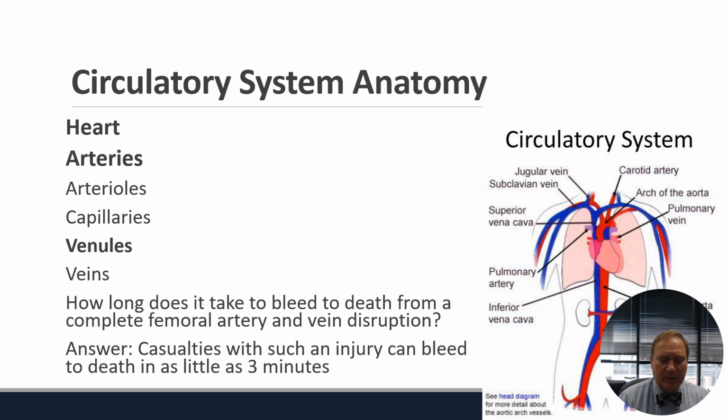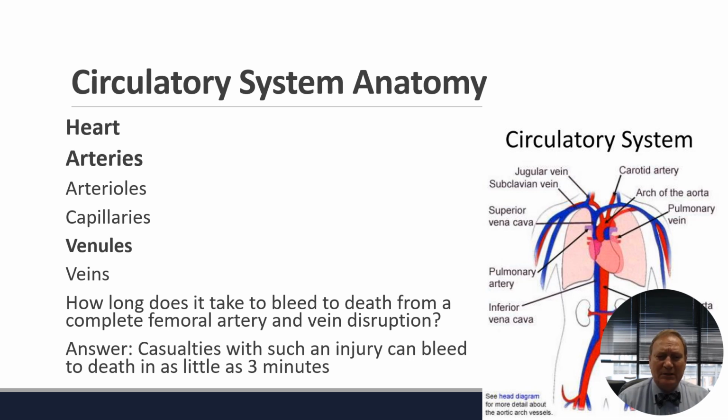When blood leaves the heart, it generally moves through really large arteries. Those really large arteries carry a great deal of the volume of blood within your body. If we damage or rupture one of those arteries, we're far more likely to have very serious life-threatening bleeding.